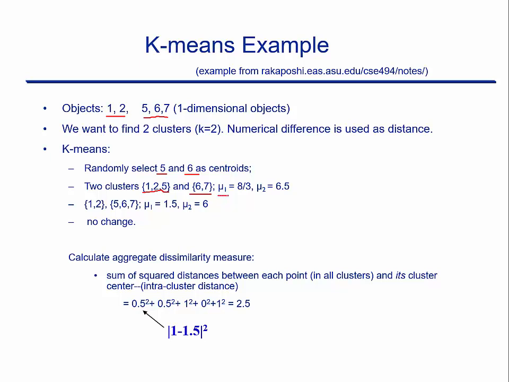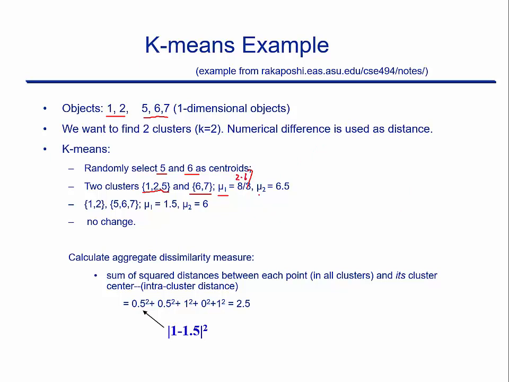The centroid for the first cluster, mu_1, is 1 plus 2 plus 5 divided by 3, that is 8 over 3, about 2.67.